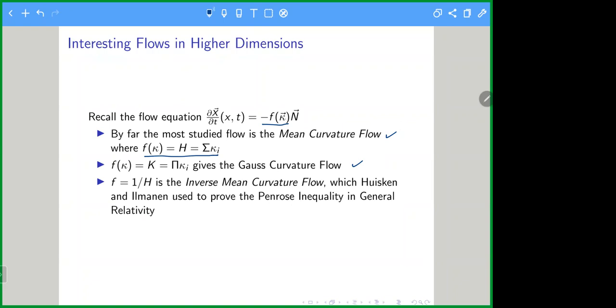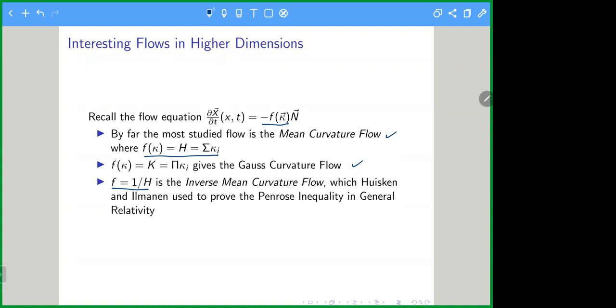There's an interesting flow called the inverse mean curvature flow, where your flow speed is the reciprocal of mean curvature. This seems to expand solutions to very large size, at least if you start with something that's topologically a sphere and convex. This flow will expand you to almost round spheres of very large radius.